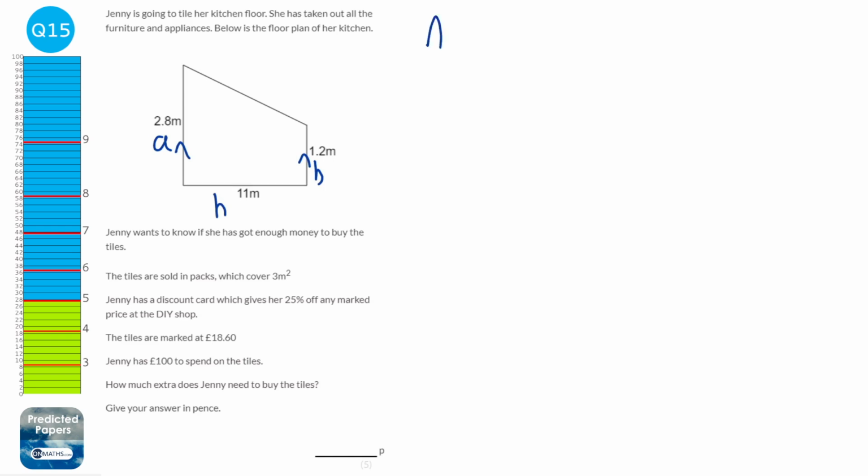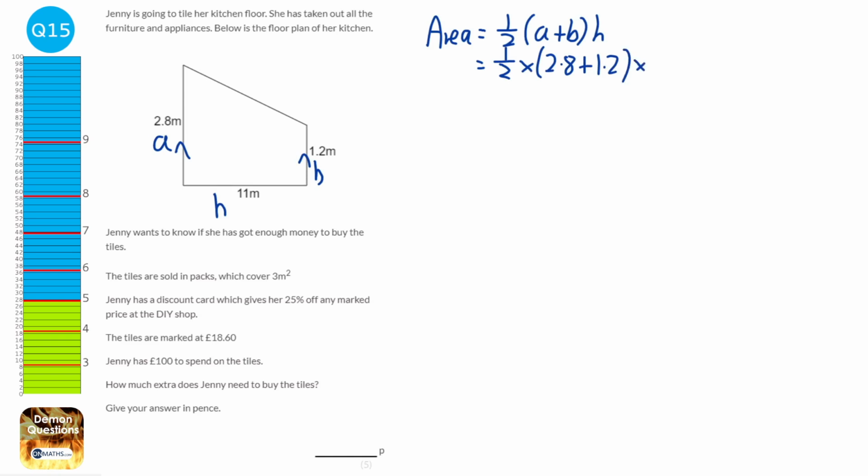So we start off by writing down the formula: half times 2.8 plus 1.2 times 11, and when we do that we get 22.